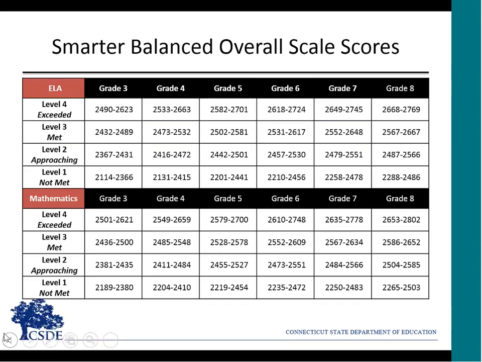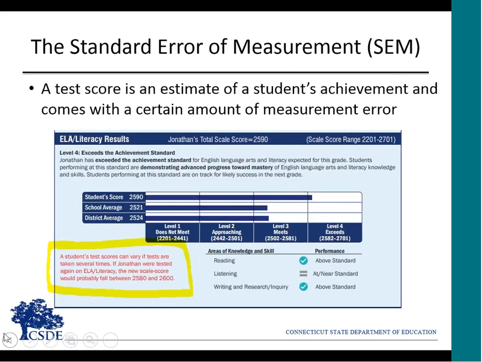These threshold or cut scores were developed based on feedback from thousands of kindergarten through 12th grade educators, higher education faculty, psychometric experts, parents, and other stakeholders through a process called standard setting. All Smarter Balanced states, including Connecticut, have adopted these achievement levels and their corresponding threshold scores.